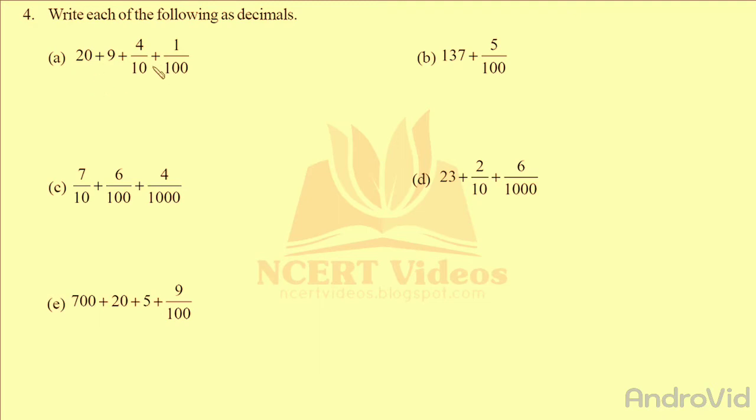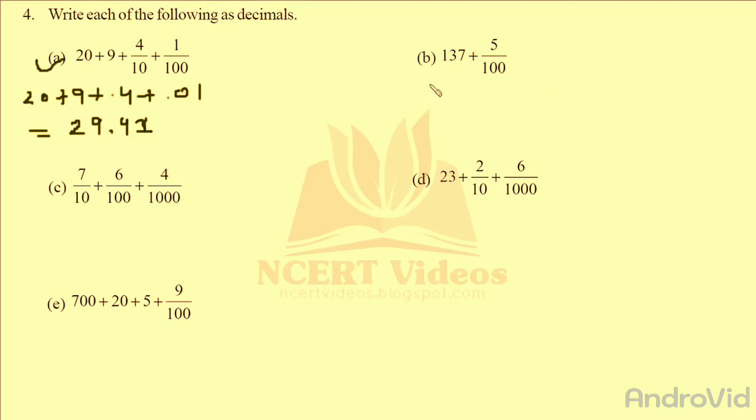Question 4. Write each of the following as decimals. So we have to write all these fractions into decimal form. So 20 plus 9 plus 0.4 plus 0.01, adding the whole part 29 plus 0.41.